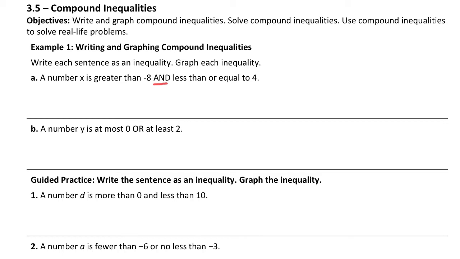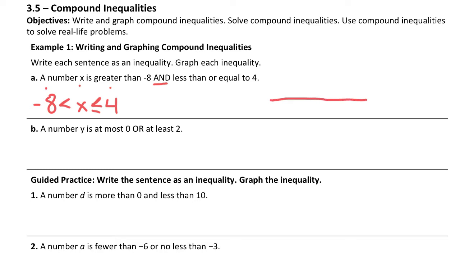So this is an AND inequality, and this is how I'd write it. -8 on the left, and -8 is less than x, because x is greater than -8. And then x is less than or equal to 4. So that's how you write an AND inequality: the lesser number on the left, the greater number on the right, the variable in the middle.